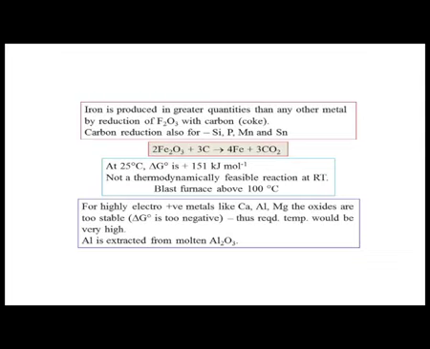We require a blast furnace, which is not 100, it is above 1000 degrees centigrade. So, basically we see that like iron, for highly electropositive metals like calcium, magnesium and aluminum, the oxides are too stable.